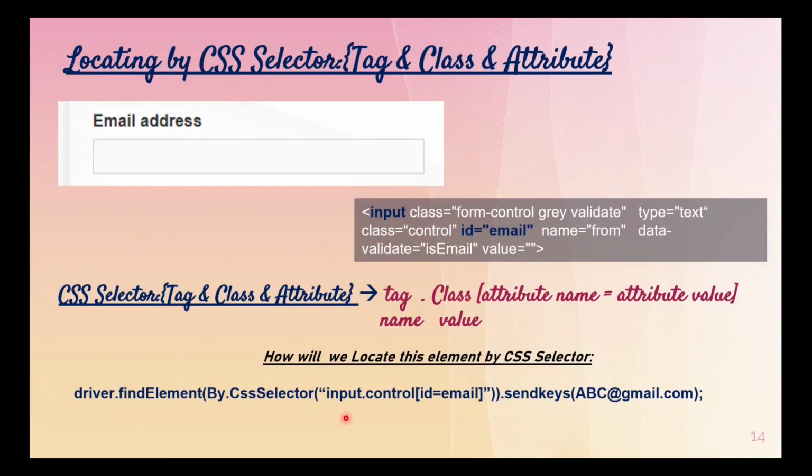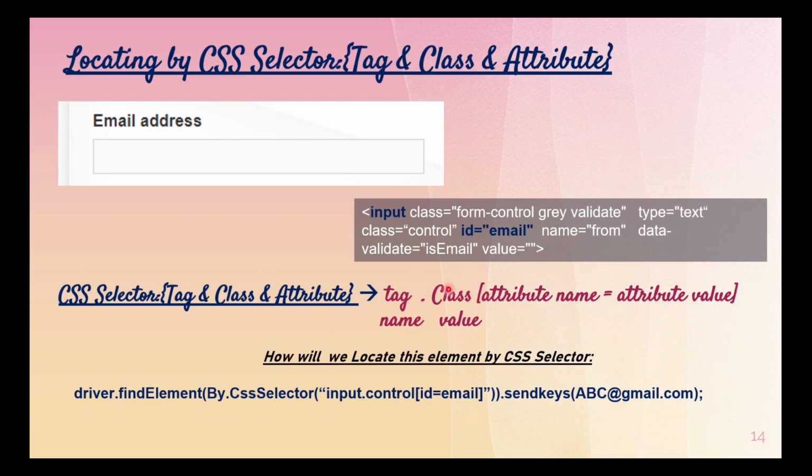Okay. My next CSS locator is tag and class and attribute. So how am I going to do that? Simply I just have this text box, that is the email address, and I have the syntax over here. So for tag name, it's tag and class and attribute, right? First we'll insert our tag name, that is the input. Then we have the class.